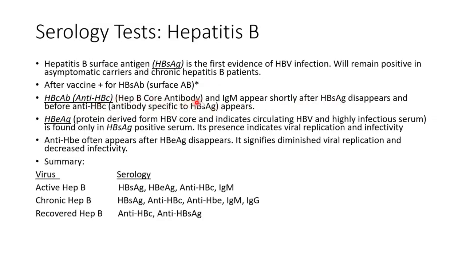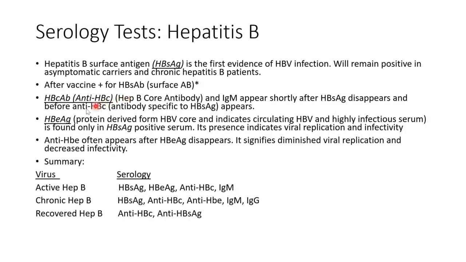So this core antibody and IgM appears shortly after the antigen disappears and before the antibody for the surface antigen appears. You get this core antibody, so it's just another antibody. All right, so let me just leave it at that.